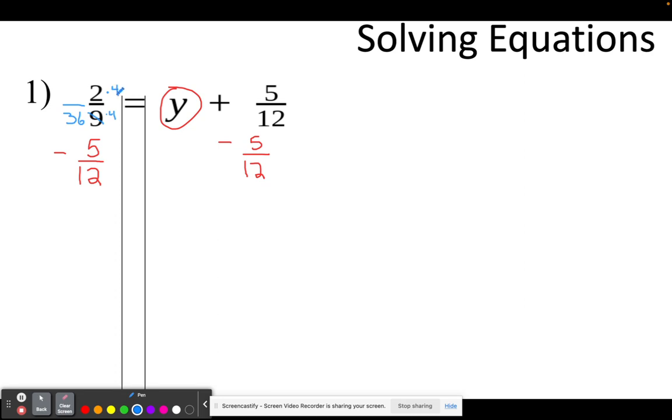And get 8. To get 12 to 36, I'm going to have to multiply by 3. So if I multiply that denominator by 3, I'm going to have to multiply my numerator also by 3 and get 15.